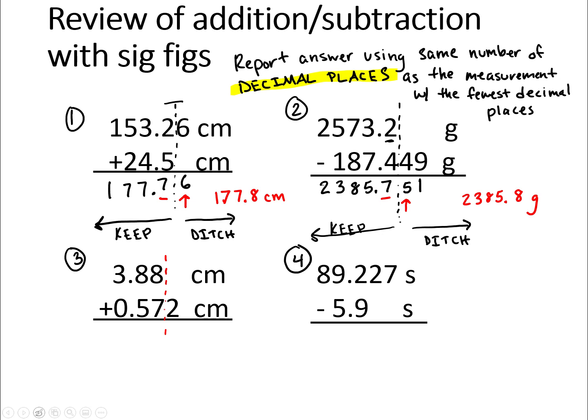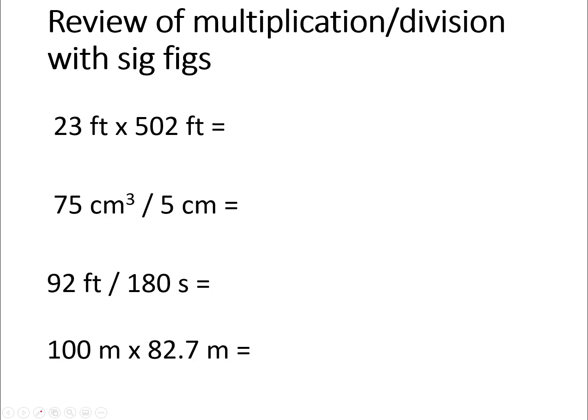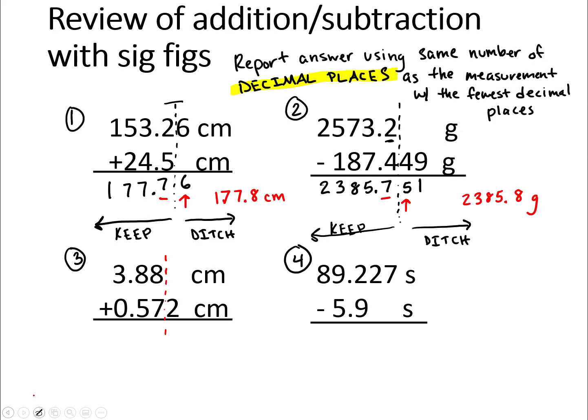So I'll walk through it real quick. There's my dotted line. So I know that I have to round the hundredths place, whatever that is, after I add it up.